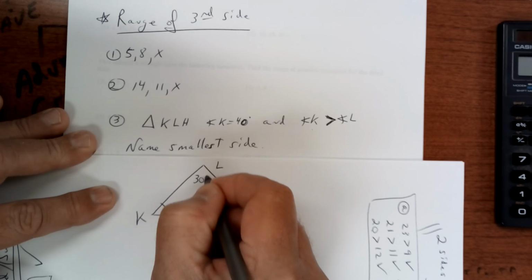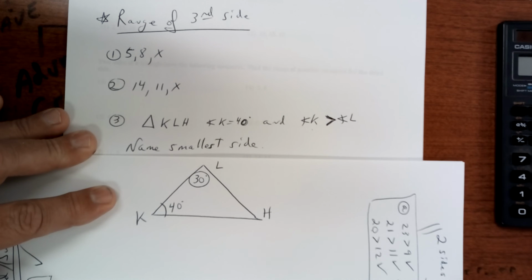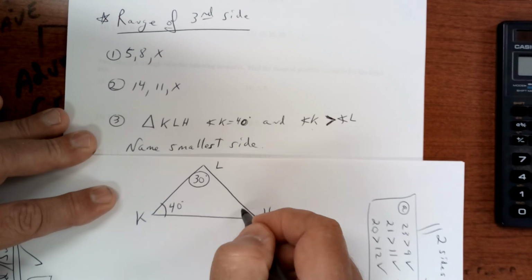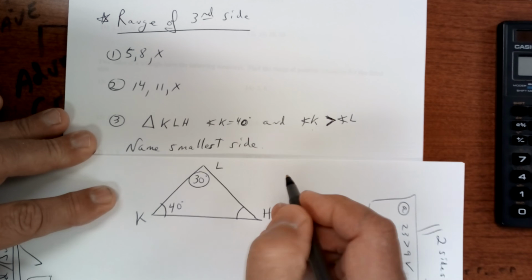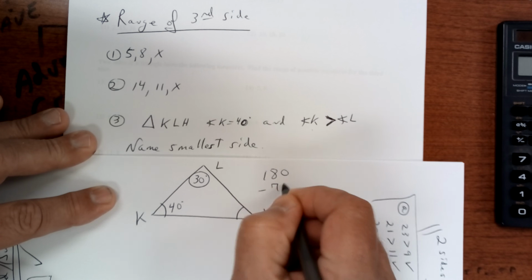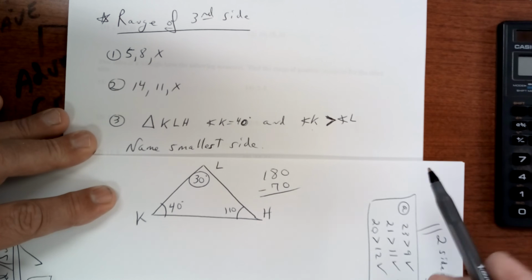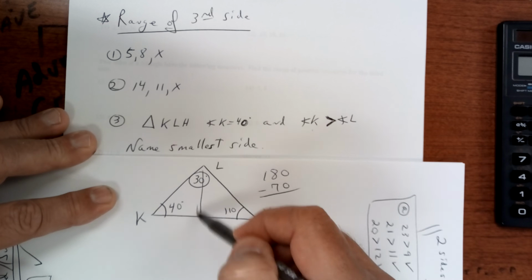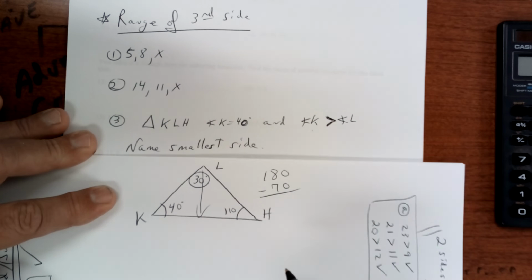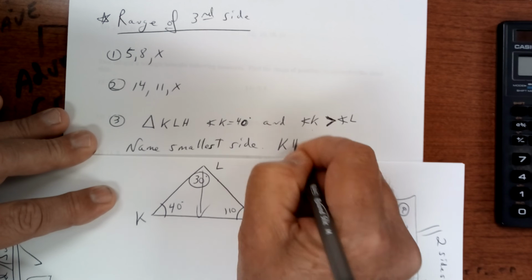I'm just making that up. Name the smallest. Well, you would have to add these up and get 70 and subtract 70 and get 110. So the smallest side would have to be across from this one, which I would say would be KH.